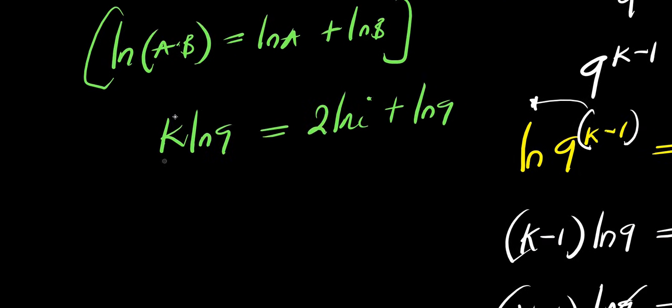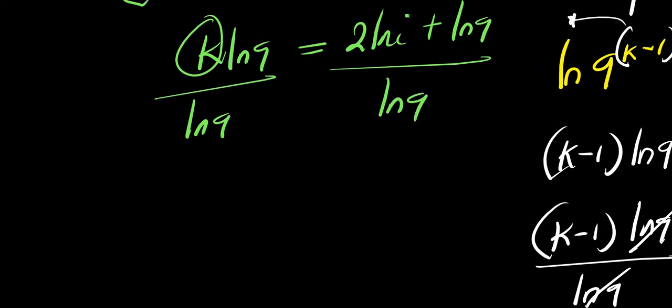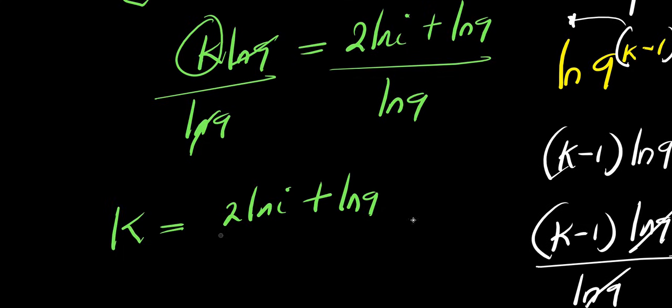So you can easily isolate k by dividing this by natural log of 9 and dividing this by natural log of 9. So from here, because this eliminates this, you have your k equals 2 times natural log of I plus natural log of 9 divided by natural log of 9.